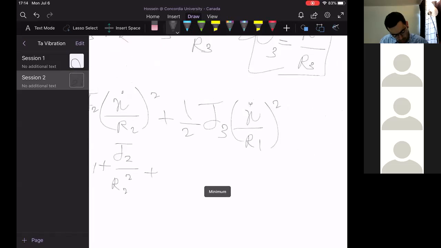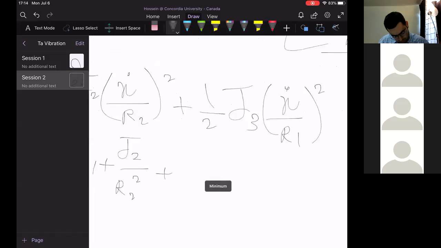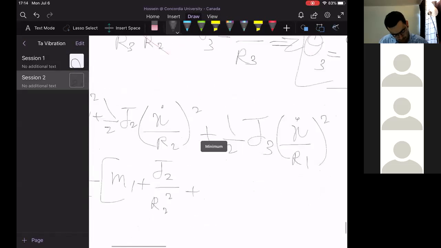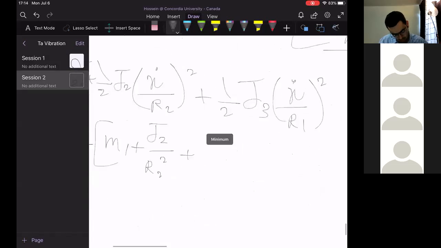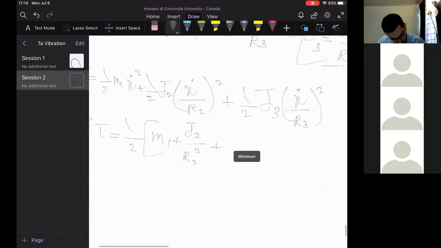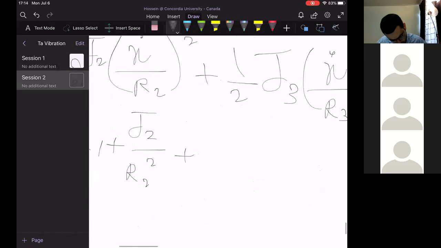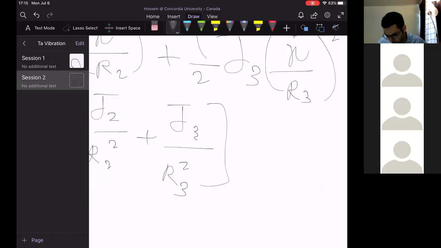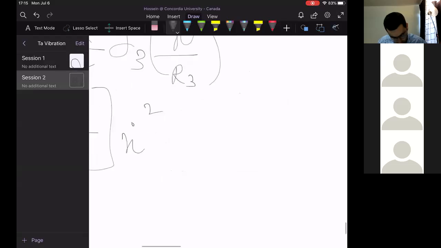So m1 plus j2 over r2 squared. I think I made a mistake here, it should be r3 for the last term. Multiplied by x dot squared, which is equal to 1/2 m effective.